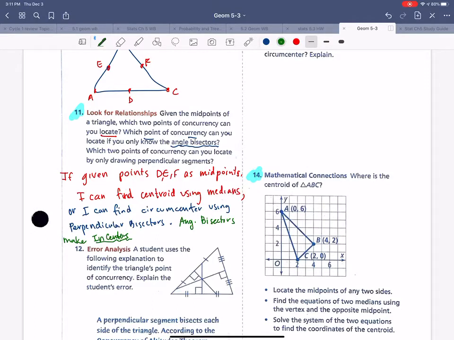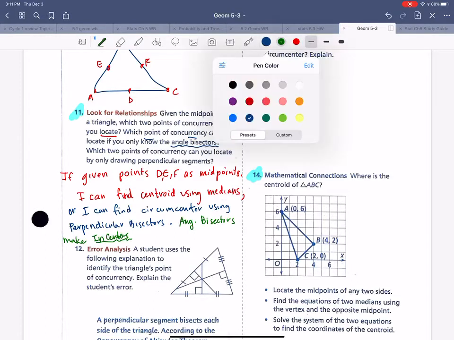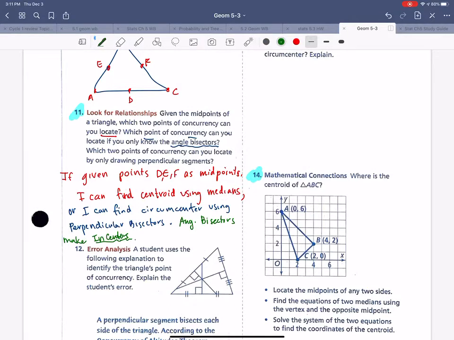Which 2 points of concurrency can you locate by drawing perpendicular segments? Okay. Perpendicular segments, things that are perpendicular lines, also like we found out altitudes, make orthocenters, and perpendicular bisectors make, we already said it, circumcenters.